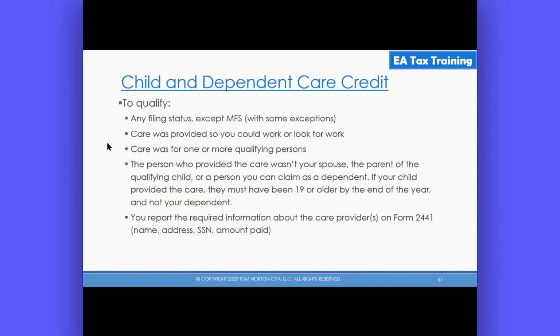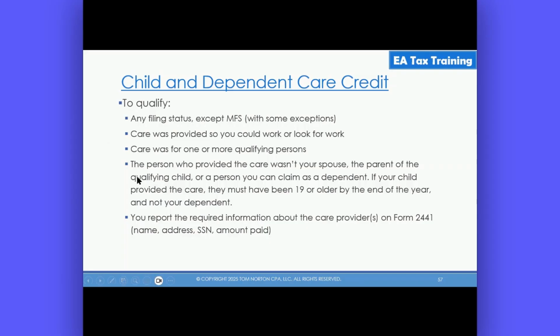You cannot pay your 17-year-old child to care for the younger child, for instance, and take the credit for that. If it was your child, they have to have been at least 19 years old and they cannot be claimed as your dependent. So if they are under 19, or they can be claimed as your dependent, and they are your child, then you cannot take this credit for amounts that you paid them to provide the care.